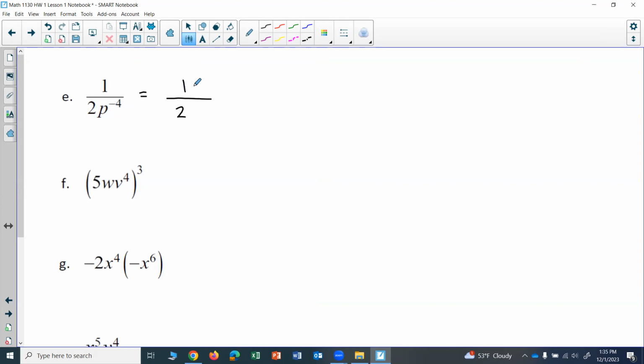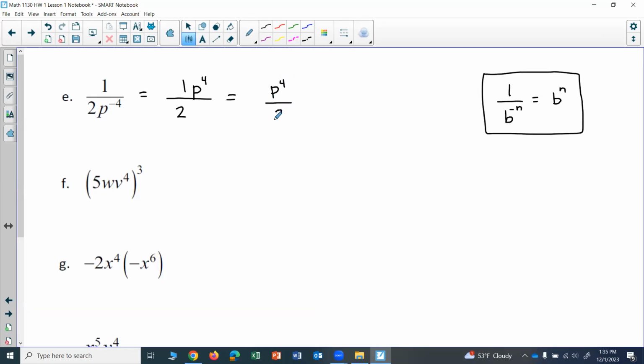So I'm going to bring the base p up to the numerator, and when I do, it changes the sign on the exponent. So that's using the rule that 1 over a base, I'll call it b, to the negative n is the same as b to the positive n. So that's the exponent rule that I'm using here. So the way I would write this in my final answer form would be p to the 4th over 2.